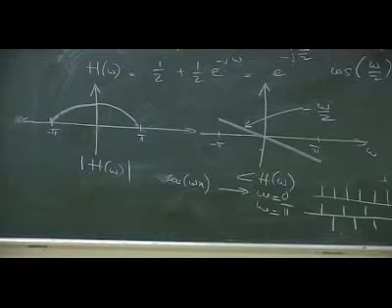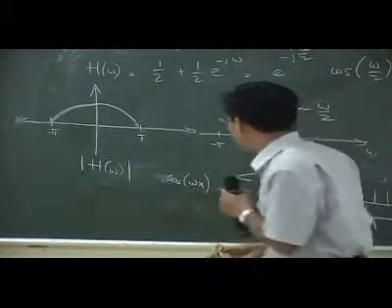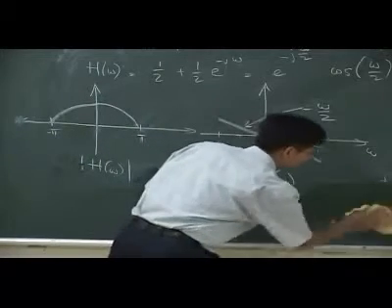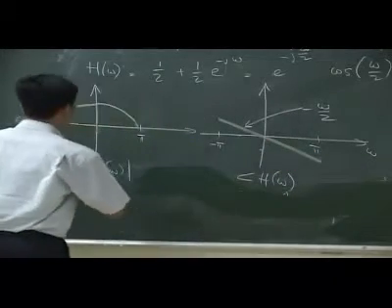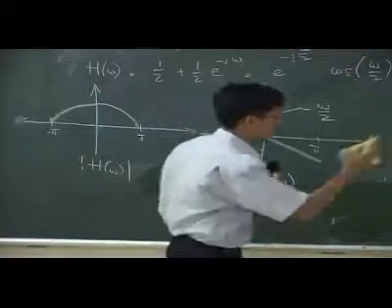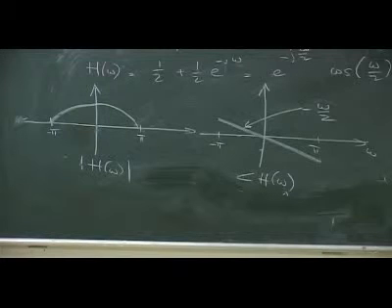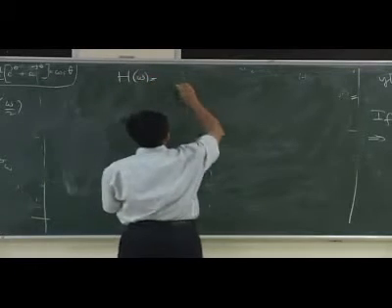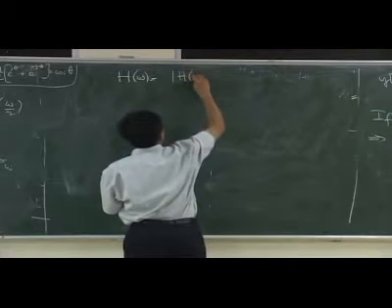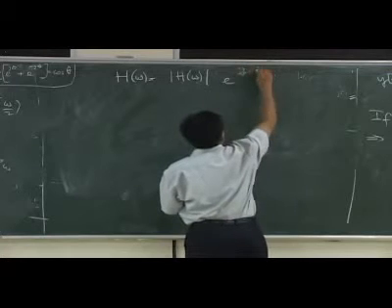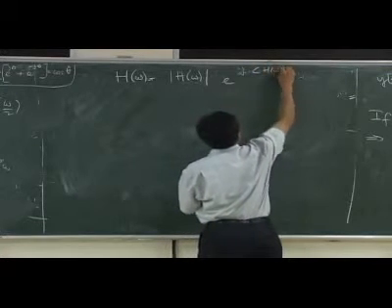So now maybe I don't want to show the filter, but let's say I assume, how about I assume that instead, maybe I do another one here. That is an important concept. H of omega equal to the magnitude times e to the j of the phase of H of omega.